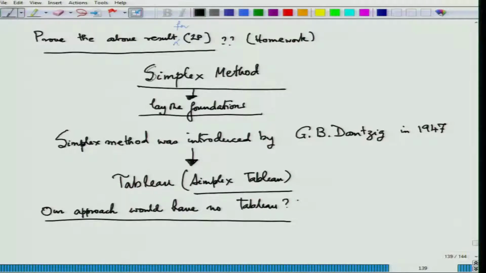This tableau-less approach was possibly pioneered in the book by Manfred Padberg, who himself was a student of Dantzig. He wrote a book called Linear Optimization and Extensions.